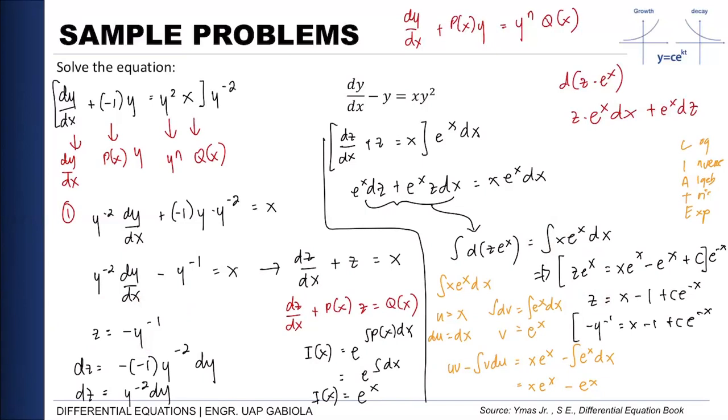So we can multiply both sides of our equation by y para mawala yung y^(-1). So this will be y is equals to xy minus y plus C e^(-x) y. So that is our final solution dito sa Bernoulli equation na given natin.